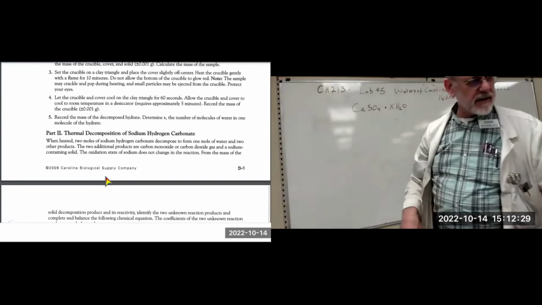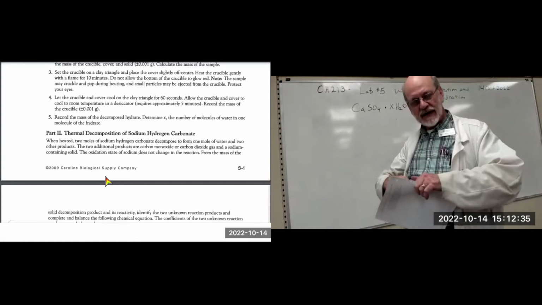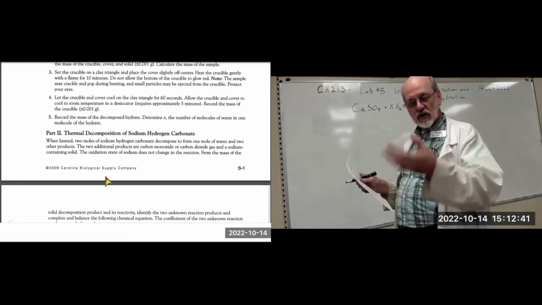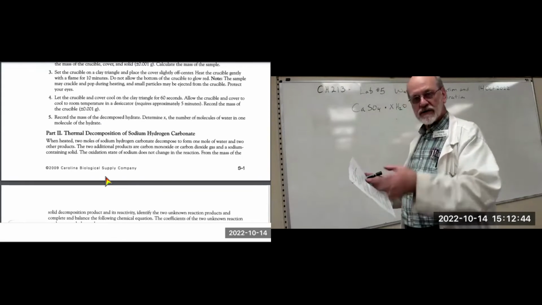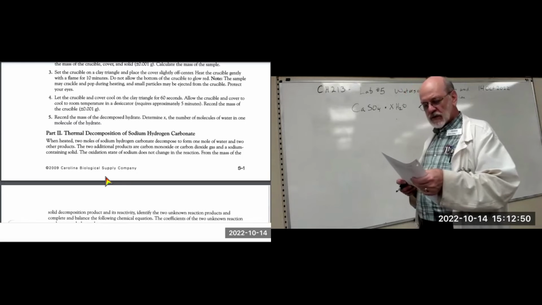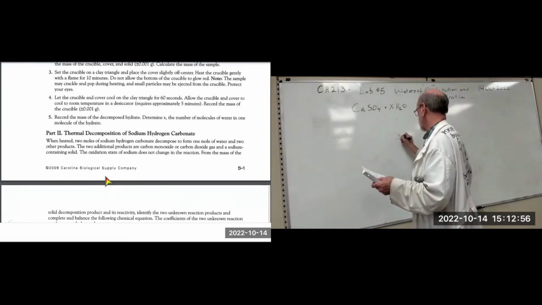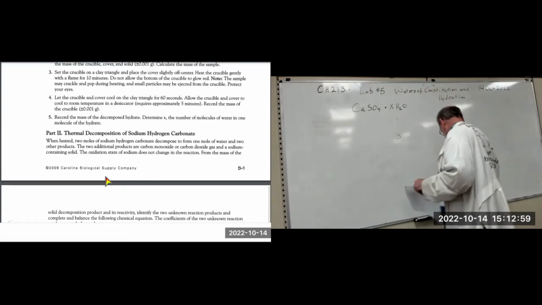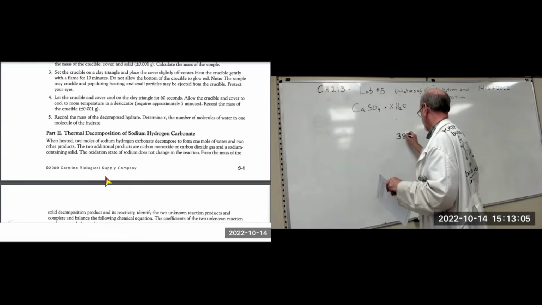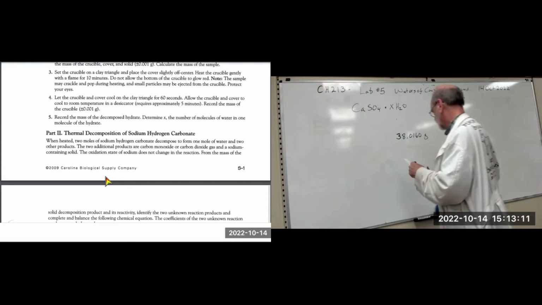All right, so when it says weigh some into a crucible, that's what we did. We weighed it into the crucible. Actually, we heated the crucible to drive off all the water and let it cool in the desiccator. Then we took it to the balance and added our material. So the crucible now weighs 38.0160 grams.